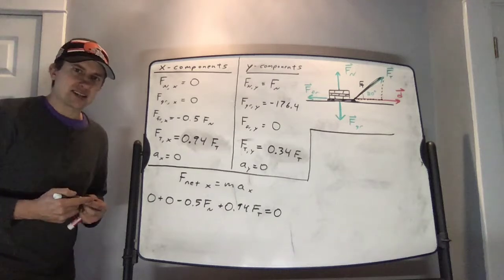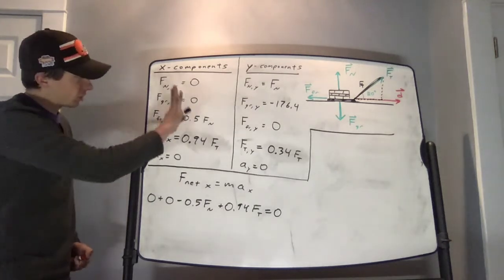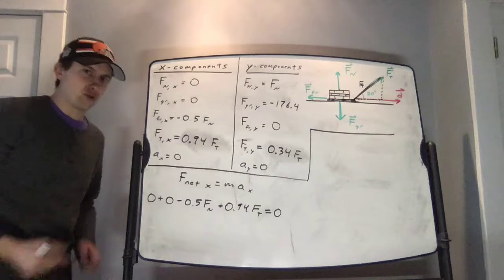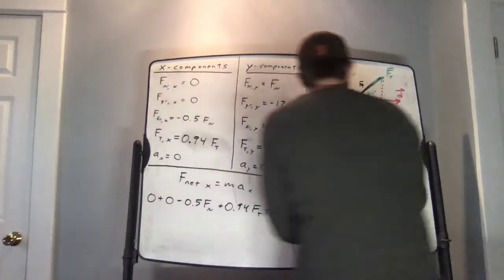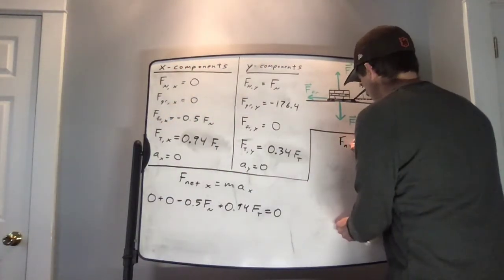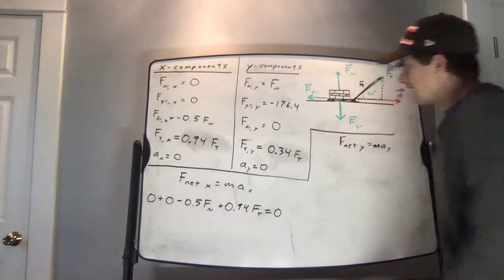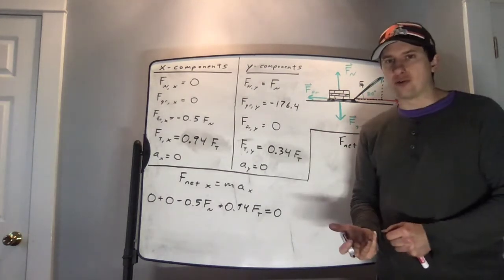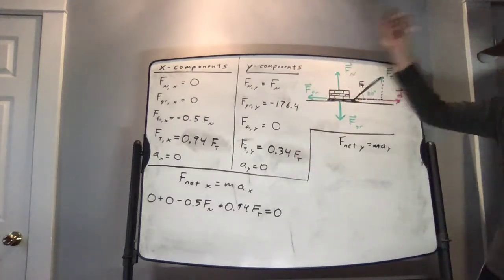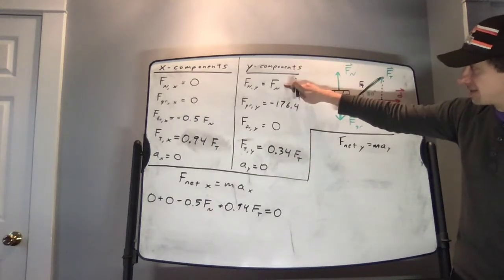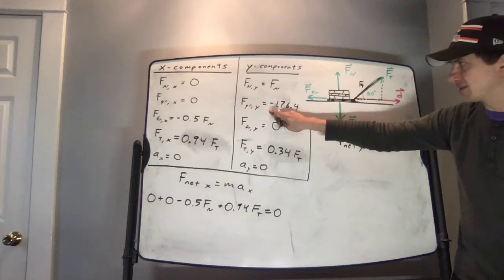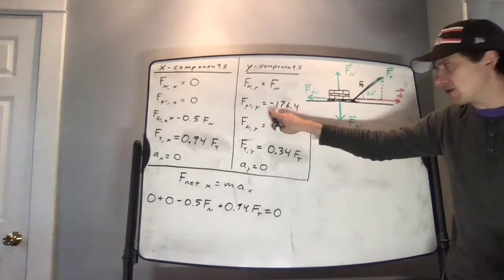I could do the exact same thing for the vertical components of all these forces. If I write F net y equals may, now when I add the vertical component of all of these forces together, I'll have plus F normal minus the force of gravity in the y direction.